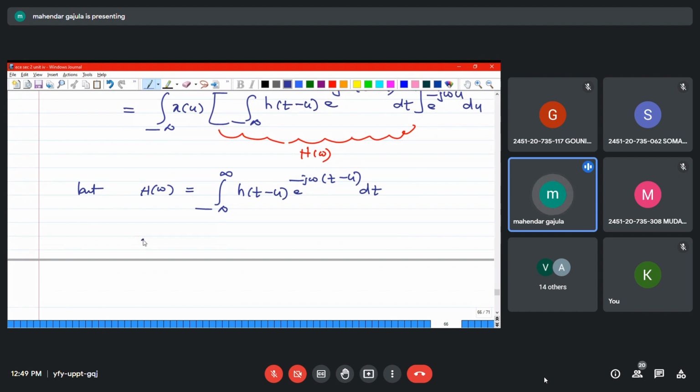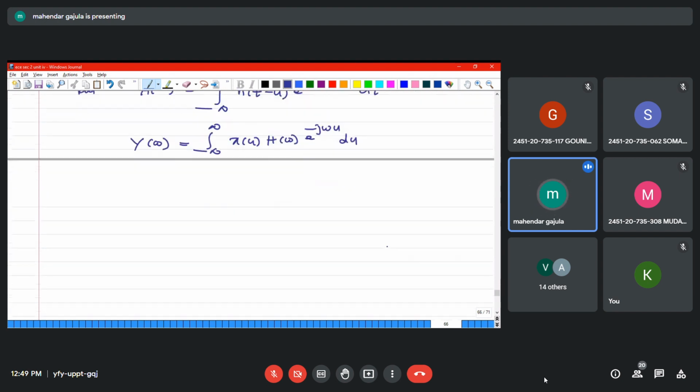So finally Y omega is equal to integral from minus infinity to plus infinity x(u) H omega e power minus j omega u du. Integration is with respect to u. H omega is independent of u, so it is constant. We can move it outside the integration. Y omega is equal to H omega times integral of x(u) e power minus j omega u du.